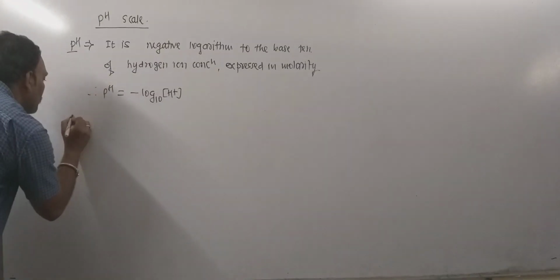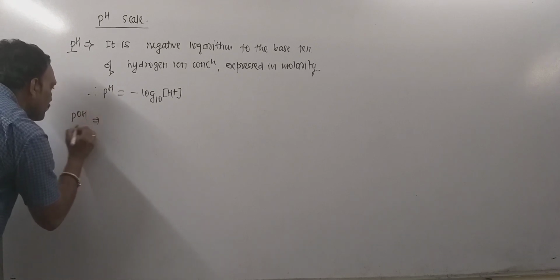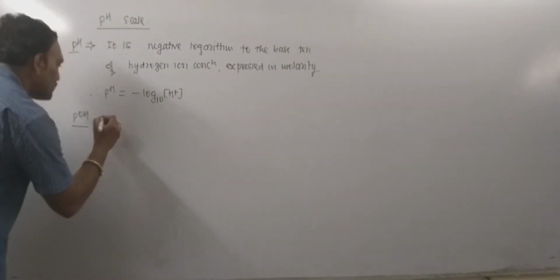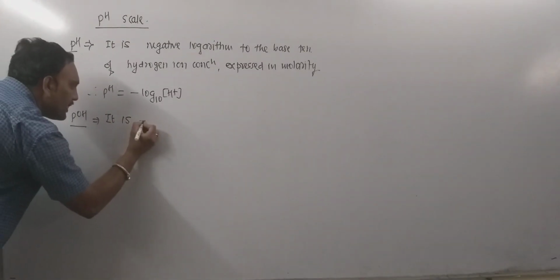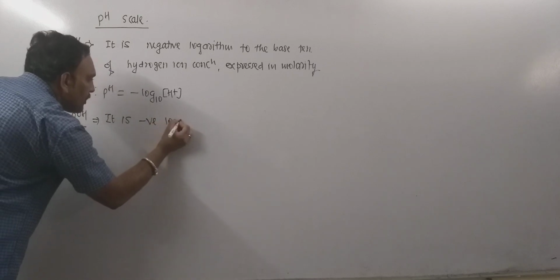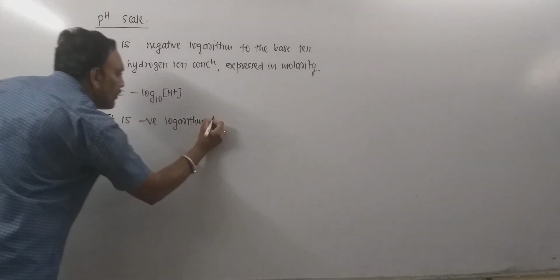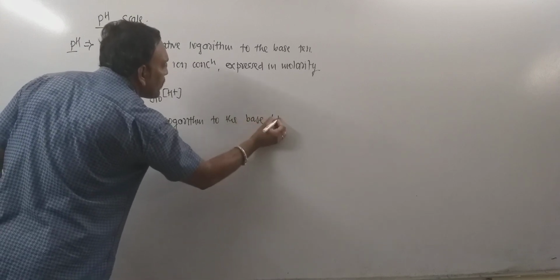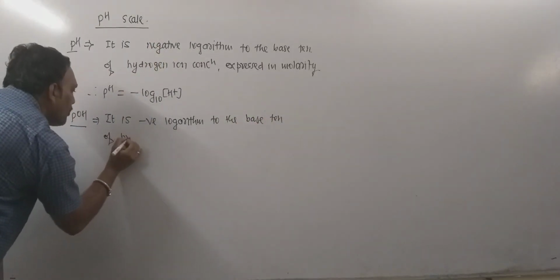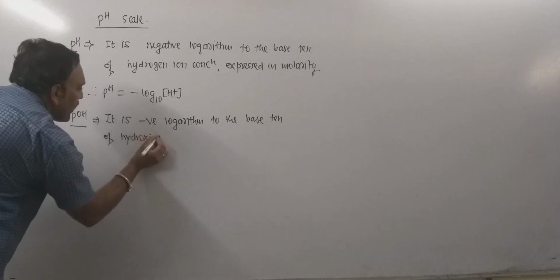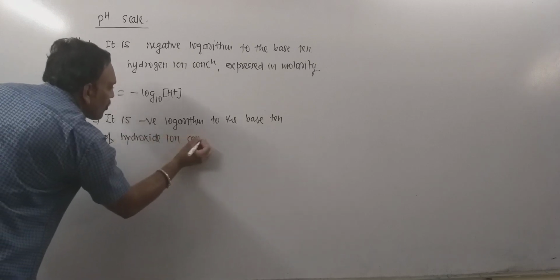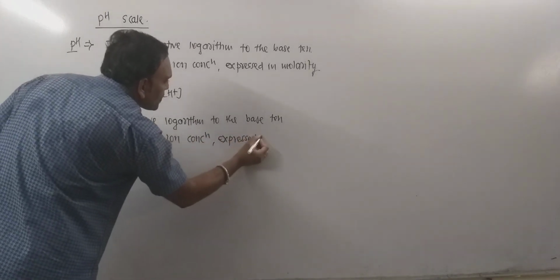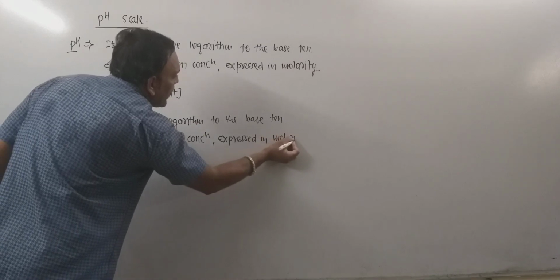Now likewise one can explain pOH also. So the pOH of a solution is the negative logarithm to the base 10 of hydroxide ion concentration expressed in molarity.